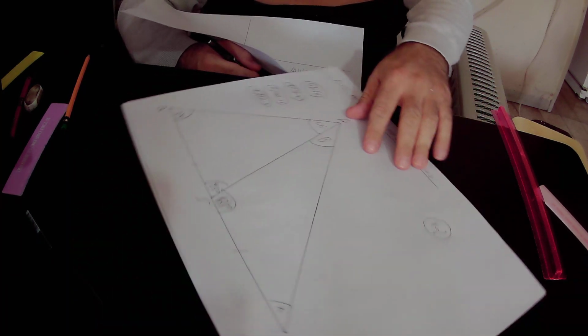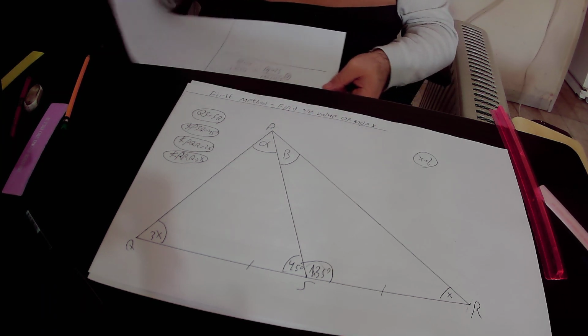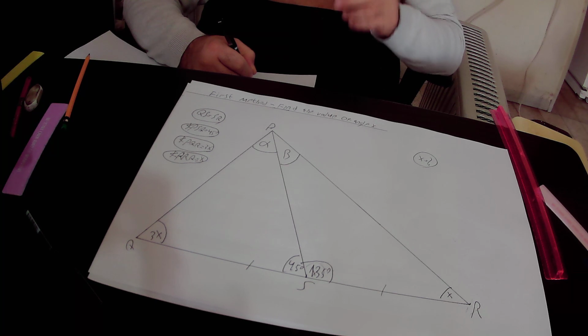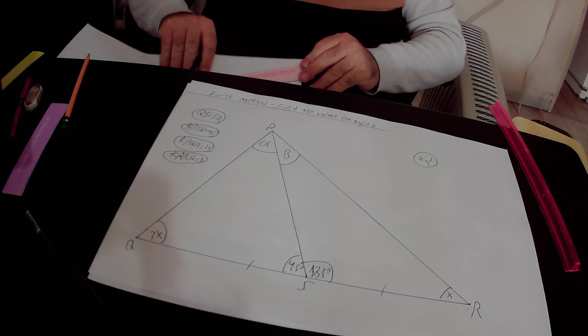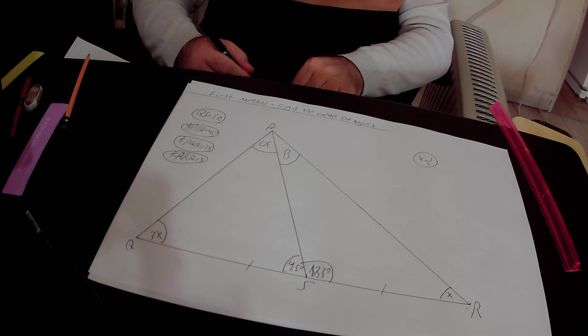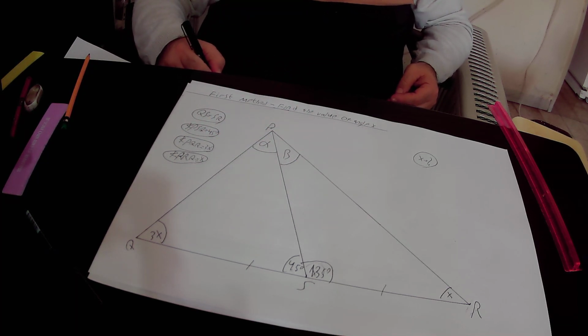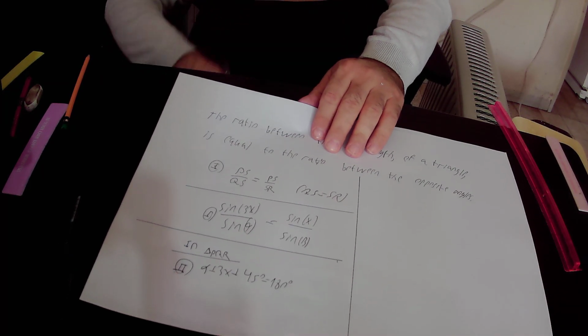So actually, if you focus on triangle PQR, we will get that alpha plus 3x plus 45 degrees must be equal to 180 degrees, according to the rule that the sum of the angles in any triangle is equal to 180 degrees.